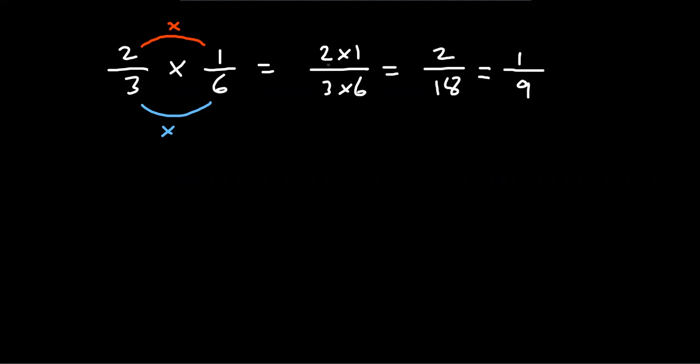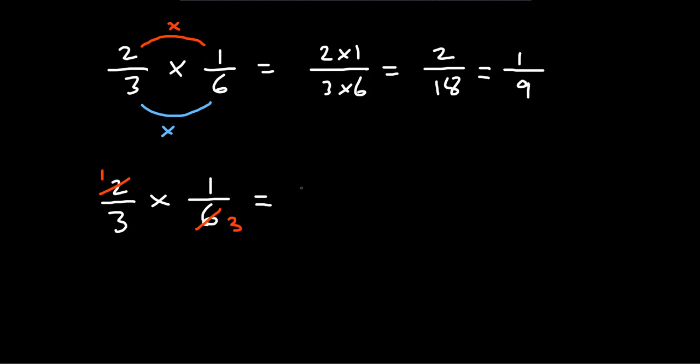Now there is a simpler way of doing it when the numbers have a common factor in the numerator and the denominator. So for this example, I can see that 2 and 6 have a common factor of 2. So you can just cancel out the common factor. So 2 divided by 2 becomes 1, and 6 divided by 2 becomes 3.